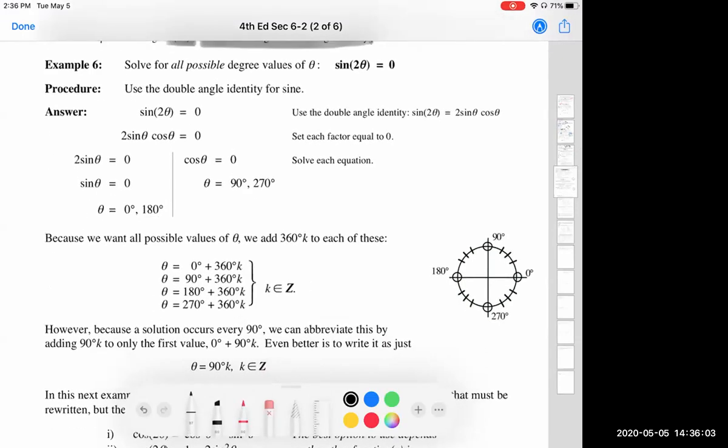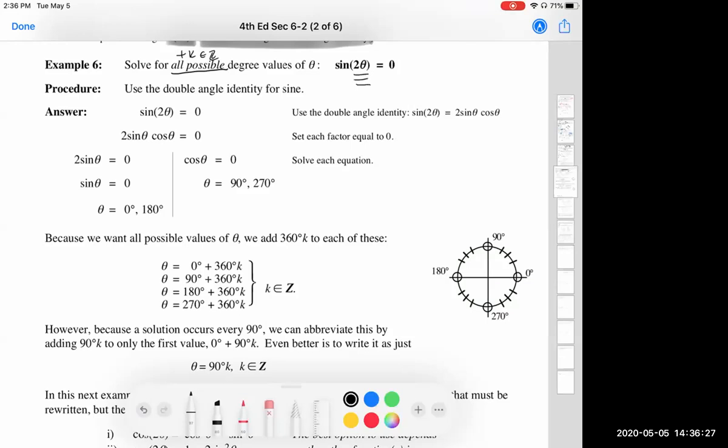Let's do example 6. Solve for all possible degree values of sine 2 theta equals 0. So for all answers, remember that we're going to write plus k in Z. Use the double angle identity for sine. Because we have that 2 theta, that's a problem.